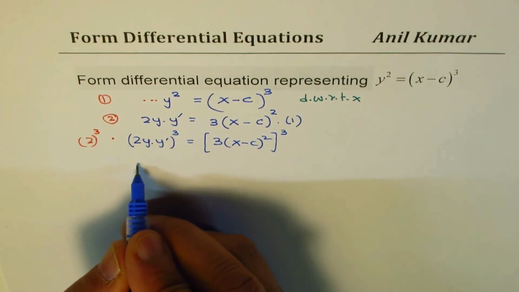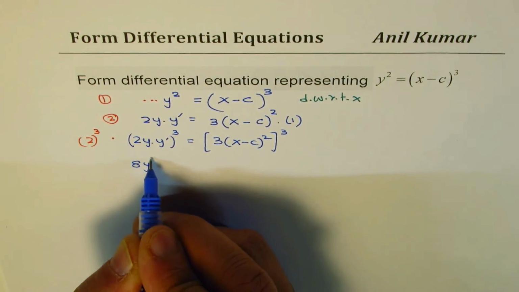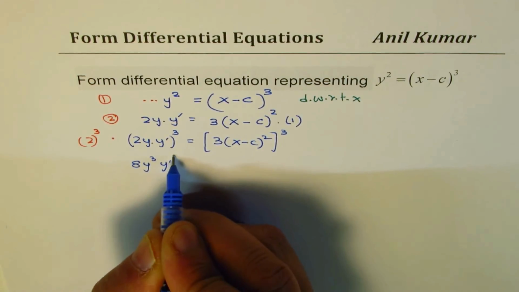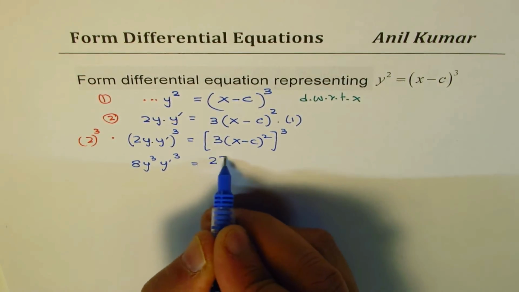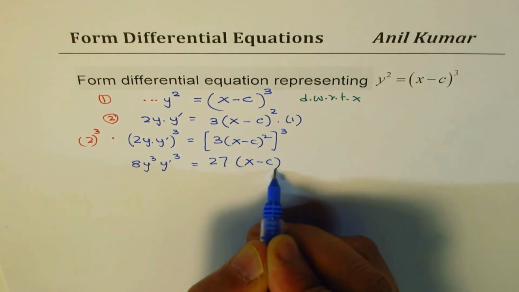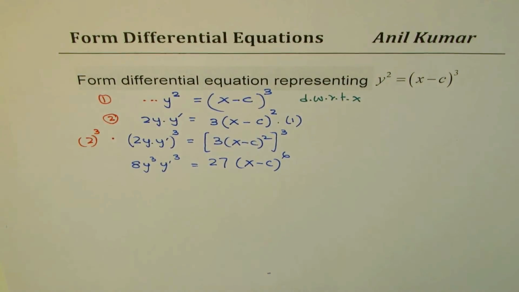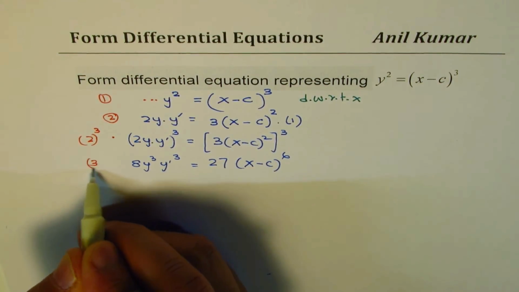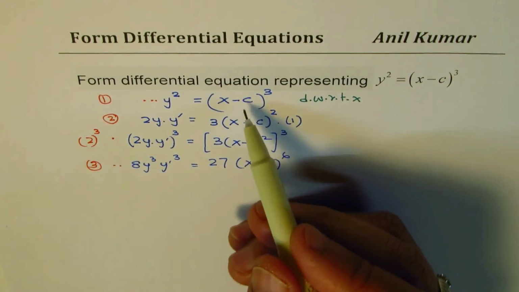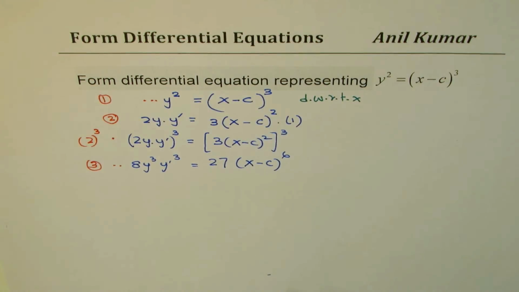So what we get here is 8y cube, y dash cube, that's the derivative. 3 cube is 27, x minus c to the power of 6. Do you see that? So we get our equation number 3, which can help us eliminate c altogether.